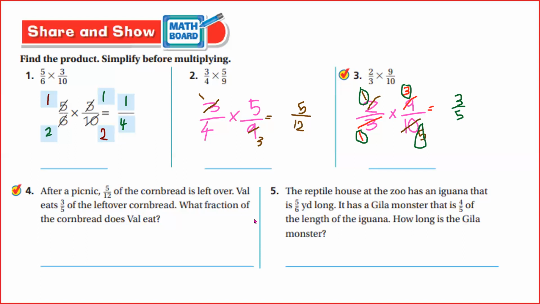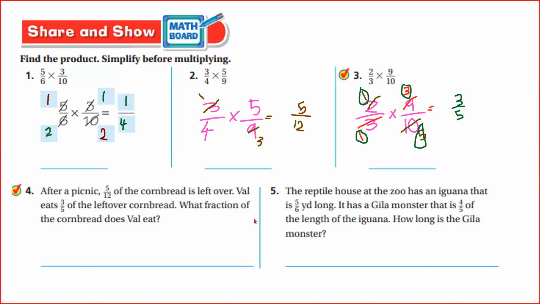After a picnic, 5 over 12 of the cornbread is left over. Val eats 3 over 5 of the leftover cornbread. What fraction of the cornbread does Val eat? As an example, you have a bar of chocolate and you eat half of it. What fraction do you eat from the bar of chocolate?